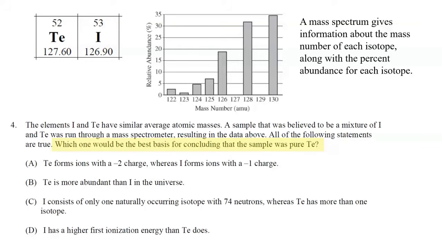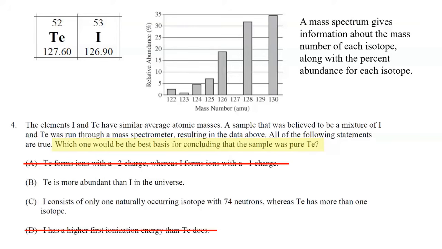But what a mass spectrum does not talk about are things like the charge on the ions. So choice A talks about the charge on the ions. That's not going to be relevant to this diagram. And choice D talks about comparing the first ionization energy. We don't get that information from a mass spectrum. That's not helpful. So now we're down to either choice B or C.